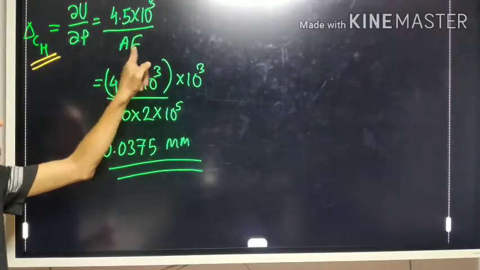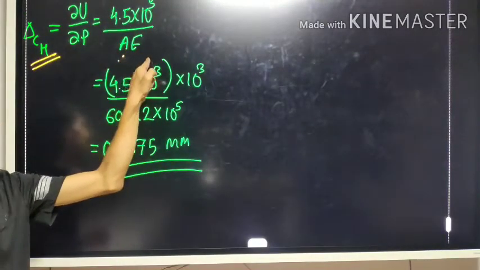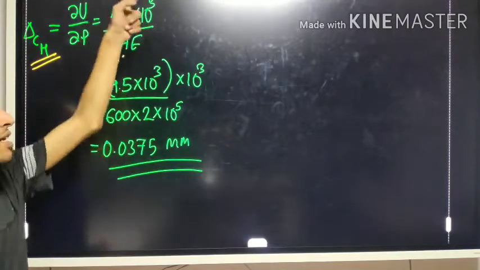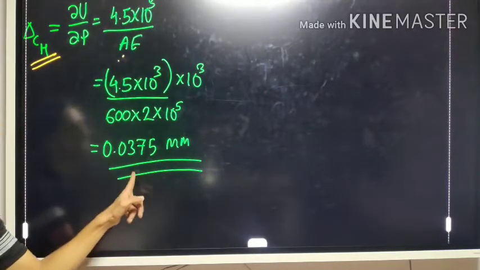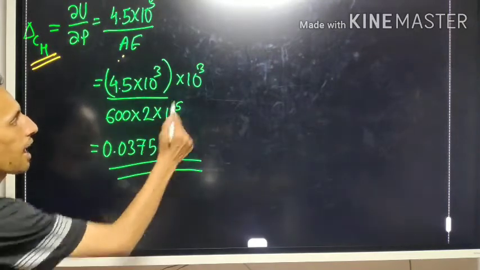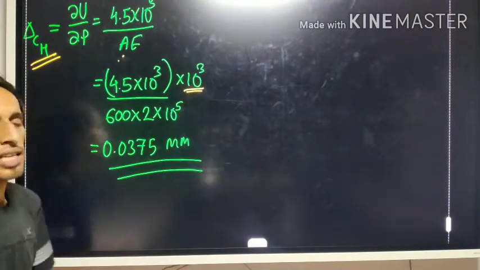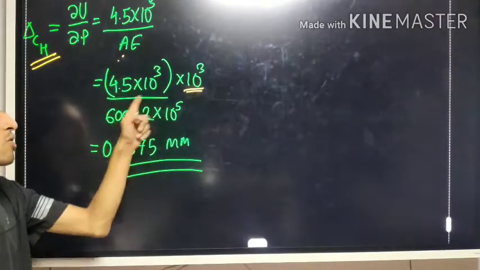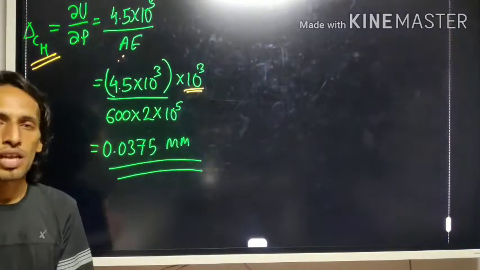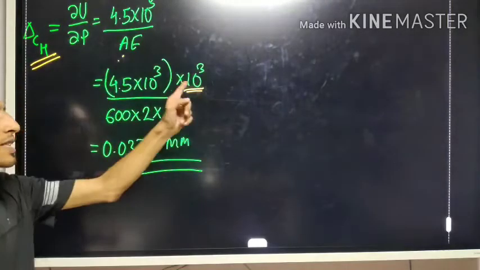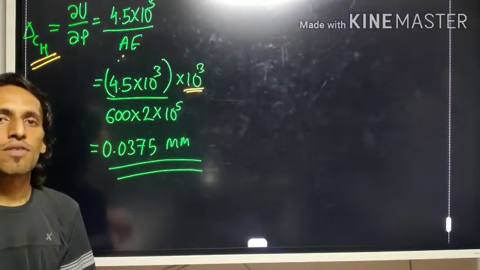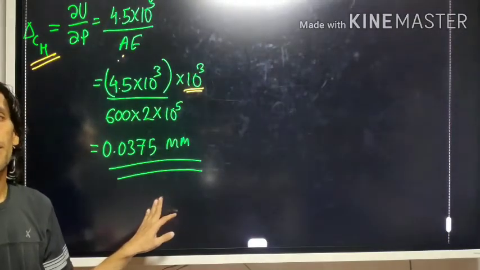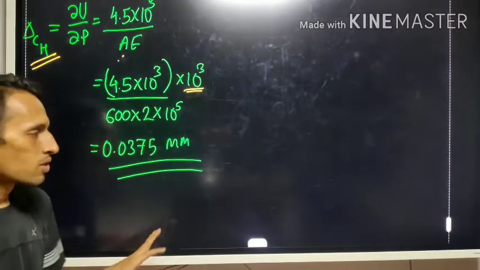So you can put the values of A and E and substitute them in the given fraction, and you will get the value. I have multiplied here by 10 to the power 3 because this value was in terms of kilonewton. Okay, so I have converted it in terms of Newton, and I am getting this value of deflection.